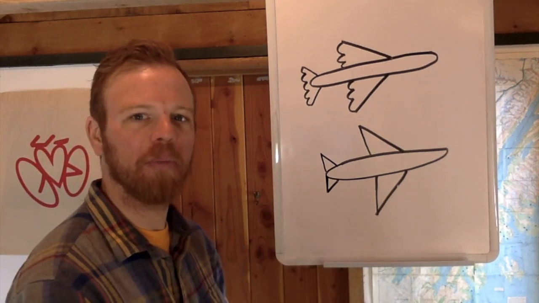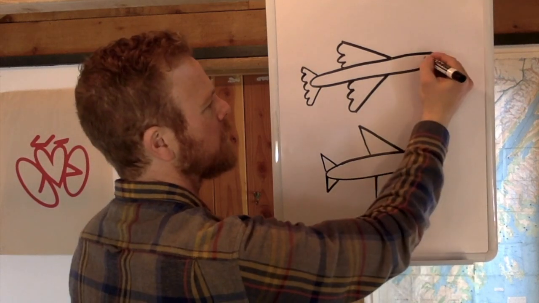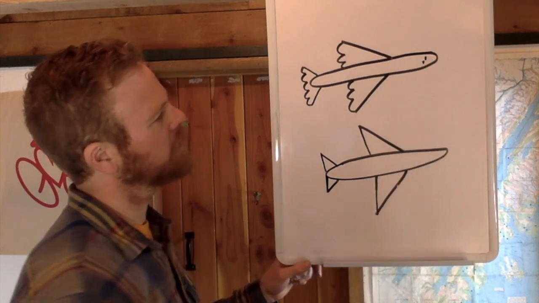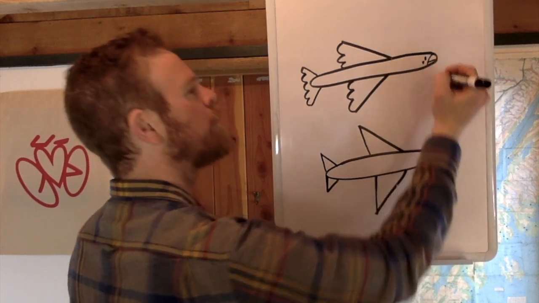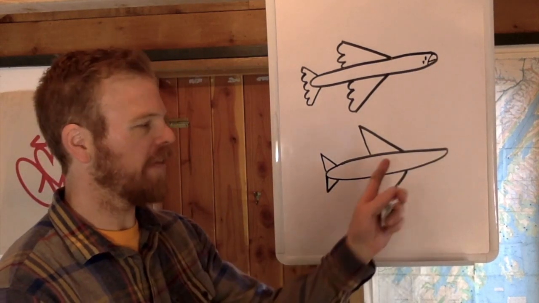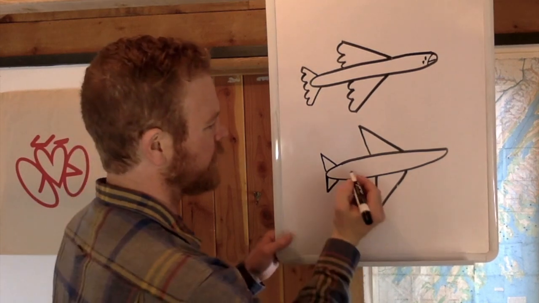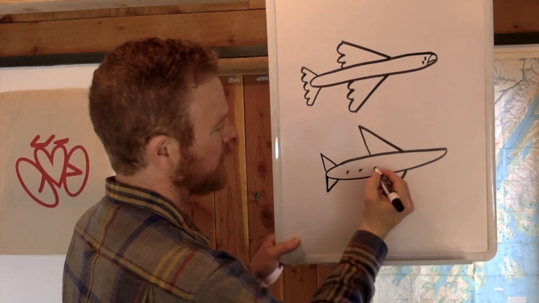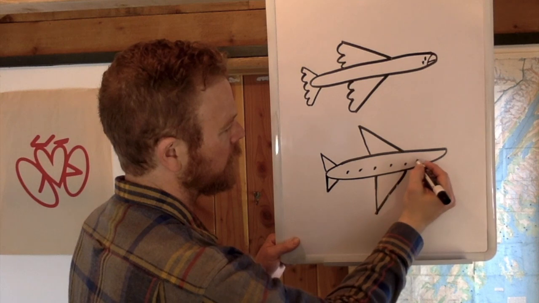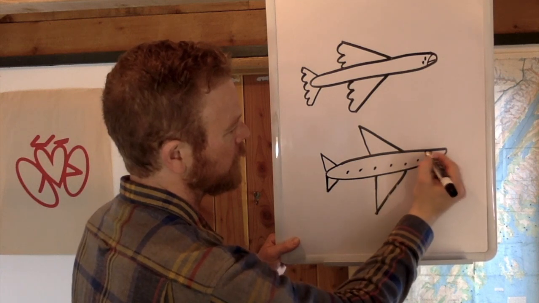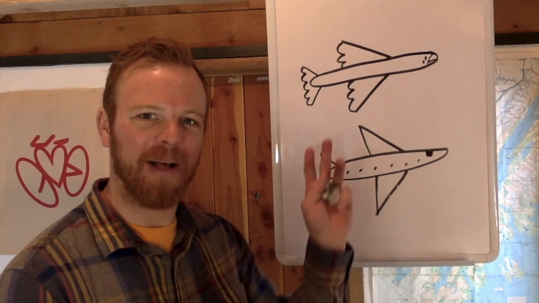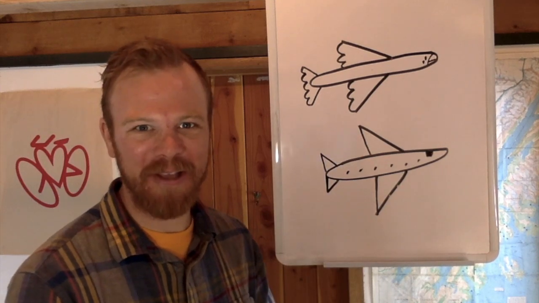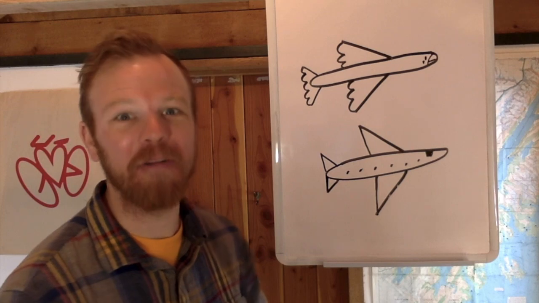Now if you want on the bird, you could add some eyes. Maybe a beak. On the airplane, let's add some windows. Can you draw a bird in an airplane? Maybe now you can. Let's try to get a little more tricky.